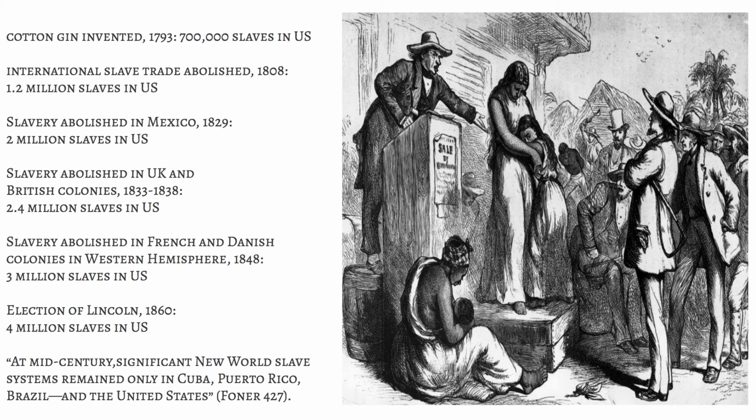When England abolishes slavery, Canada is still a colonial territory of England, so Canada abolishes slavery in the 1830s. There is French and Dutch colonial territory and slavery in the Western Hemisphere, but there are very few places left where slavery is legal. There's Cuba, Brazil.